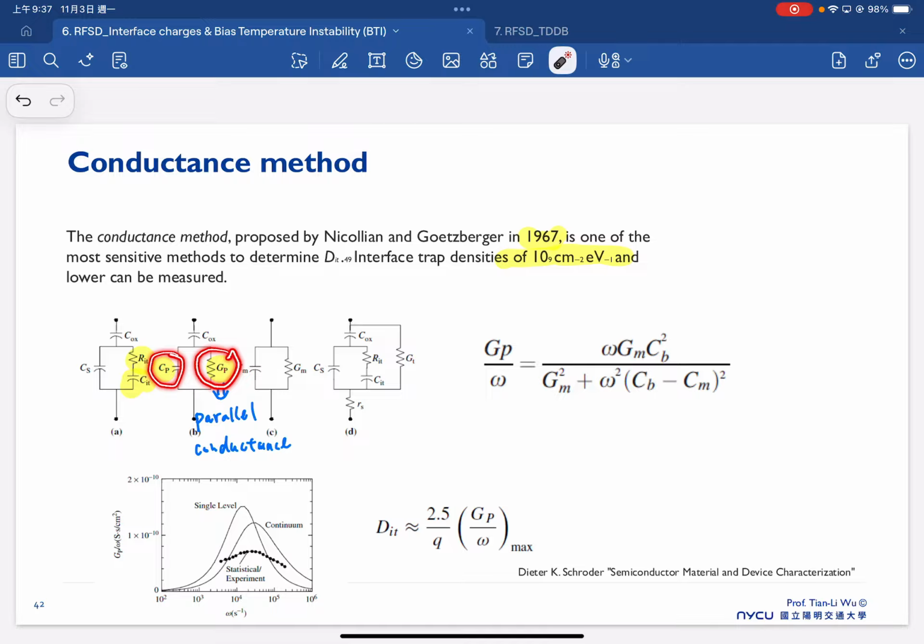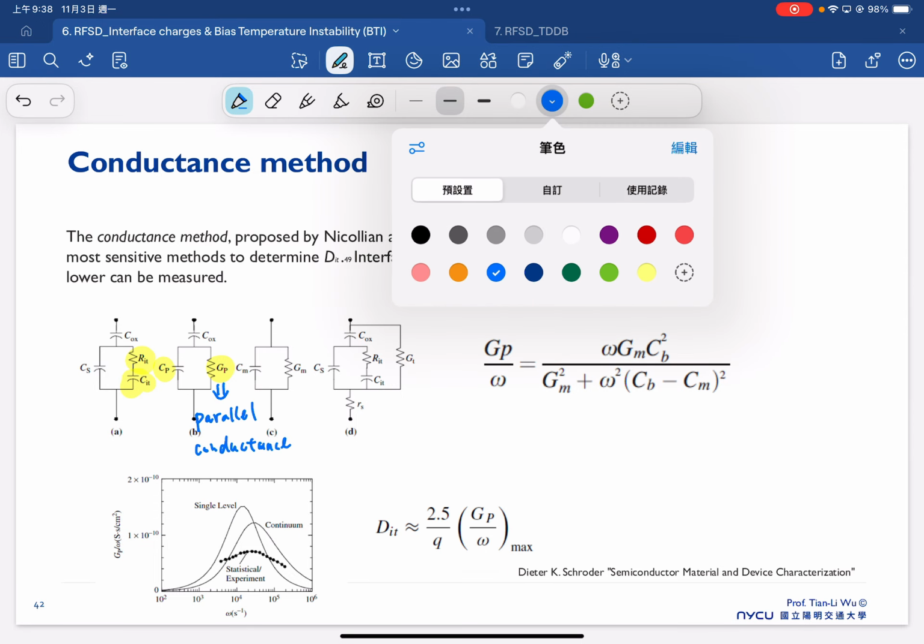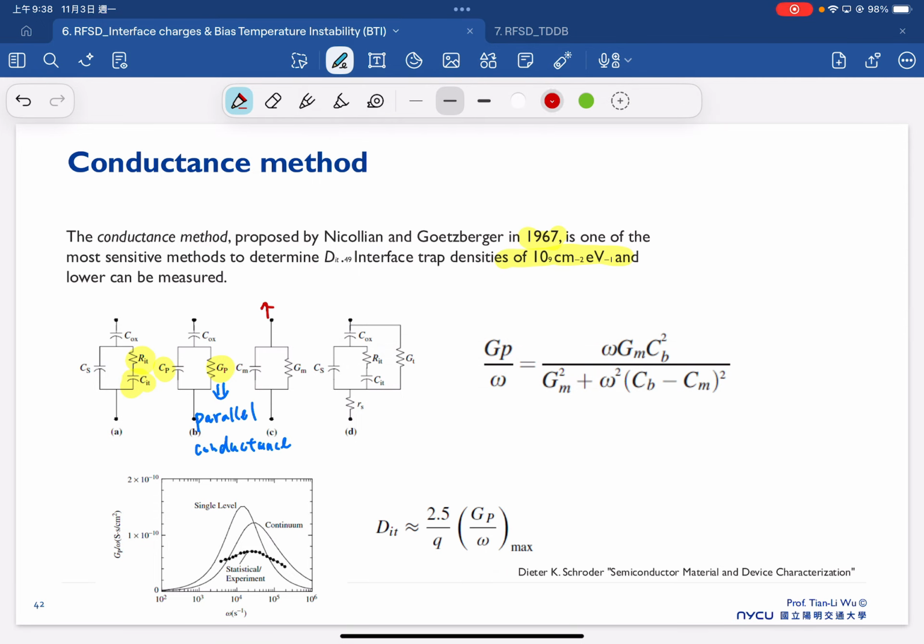However, in reality, when we do the measurement, we can only get the measured capacitance and measured conductance. So this is the real measured result.